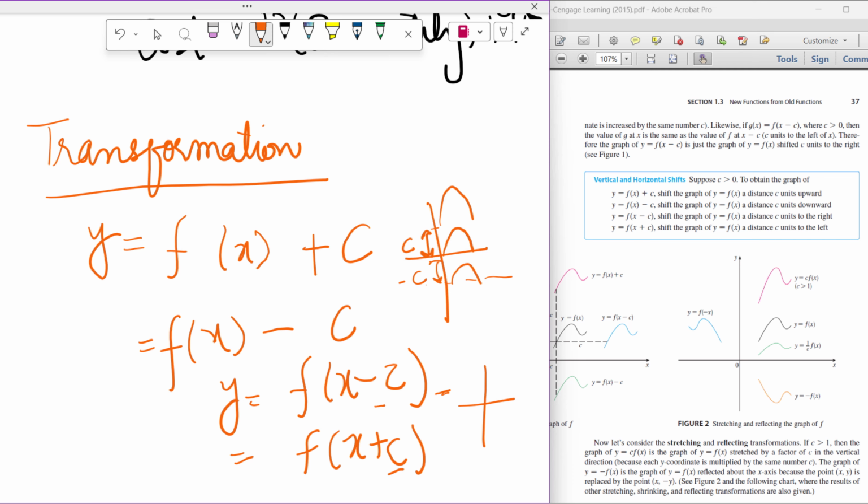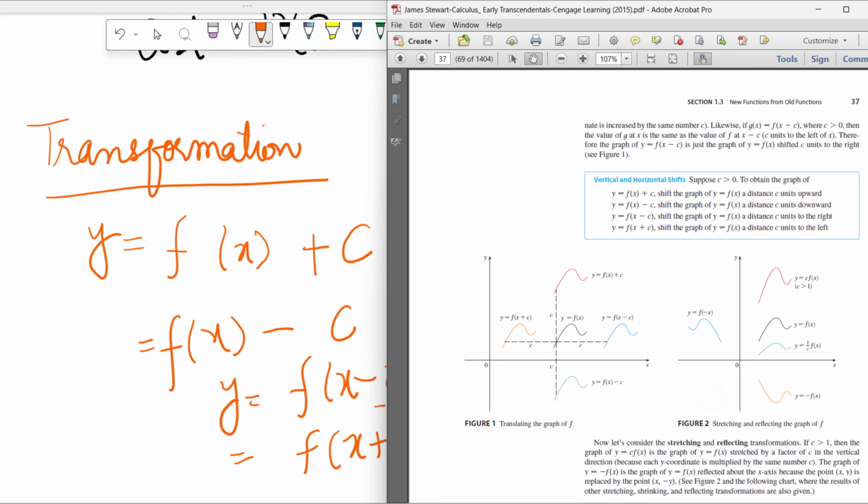So if I draw it here, if the initial graph lies somewhere here, then by adding minus c, the graph will shift c to the right. Let's say it can be shifted here. Similarly, when I write f of x plus c, the graph will shift towards the left. So this is the scenario, and that is basically called the transformation of function.